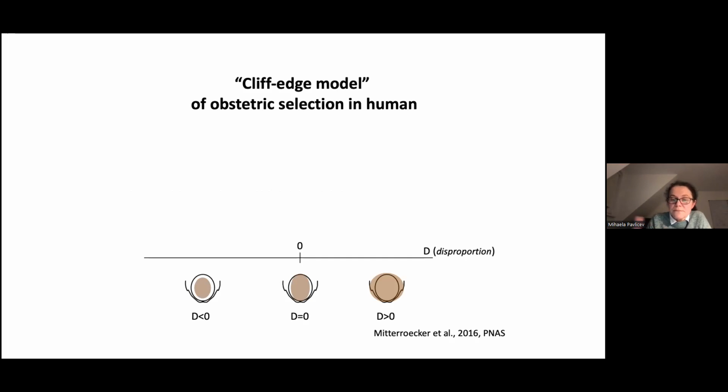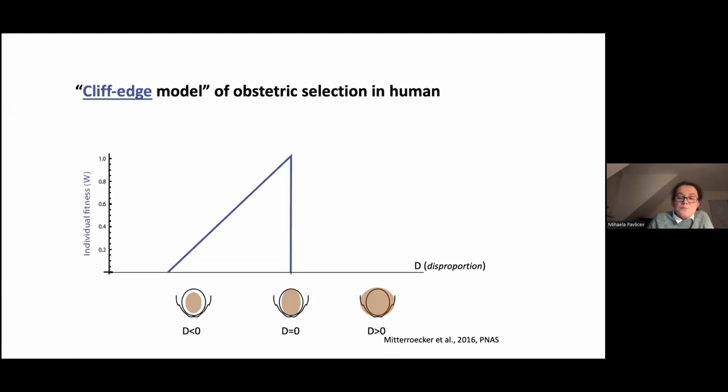So if we consider an axis of variation that we call here disproportion, the dimension where we have on the negative side the cases where the cranium is smaller than the pelvic canal, we have at 0 ideal fit, and on the right we have a disproportion. So the positive values would lead to disproportion. We can impose on this dimension the individual fitness, simply meaning either survival or reproduction.